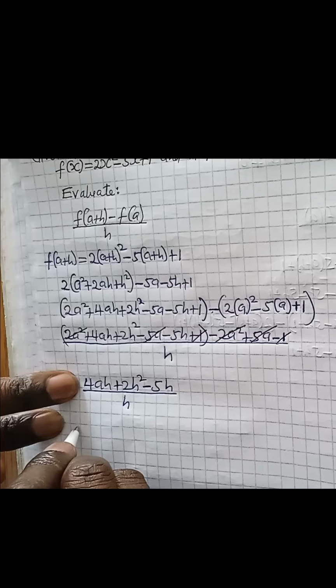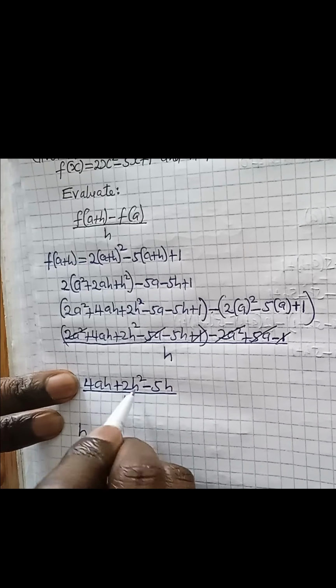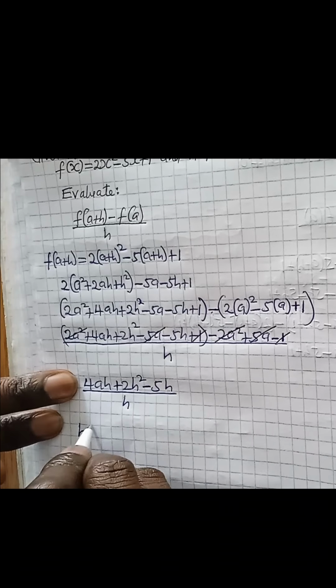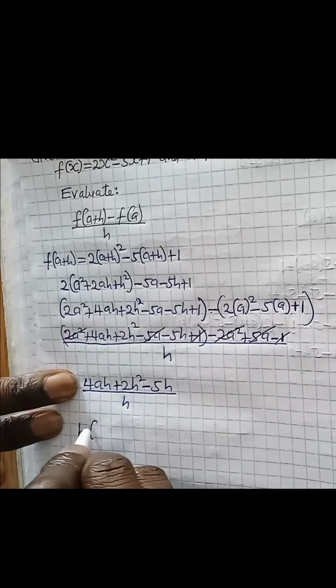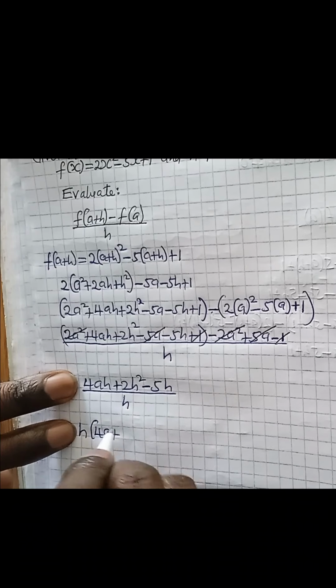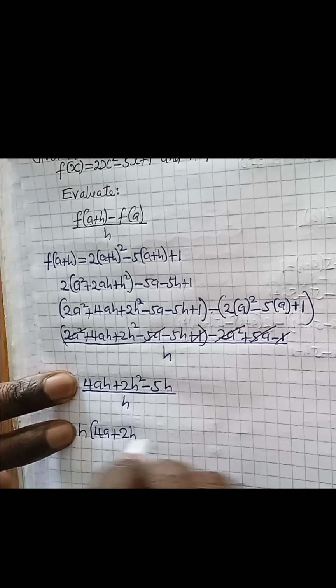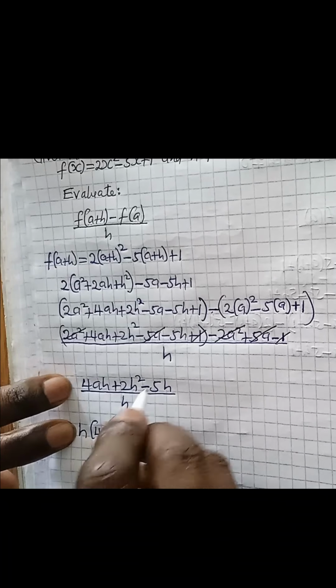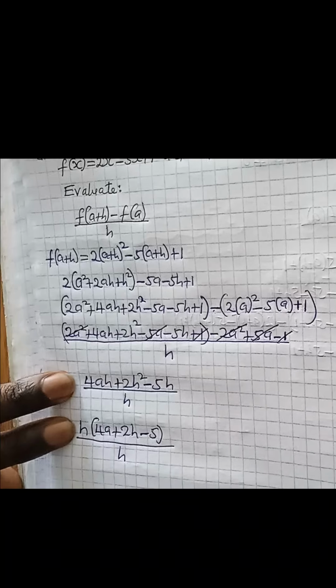So we put h, we can see h is common here. We have h, we put h outside, so we are left with the 4a plus, this was h squared, so if we factor out a single h, there will be left 2h, then minus 5, because h is outside, all of these divided by h.